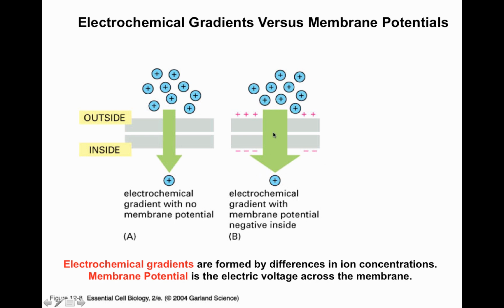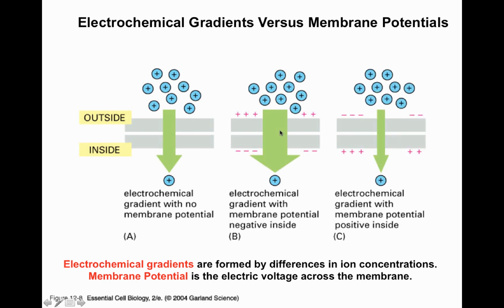So you will have an electrochemical gradient that will be a lot greater because the membrane potential is present, and therefore these ions, which will have a tendency to move across the membrane due to their gradient, now also have the force of the membrane potential that is going to help them move towards the negative side of the membrane, and be repulsed by the positive sides on the outside.